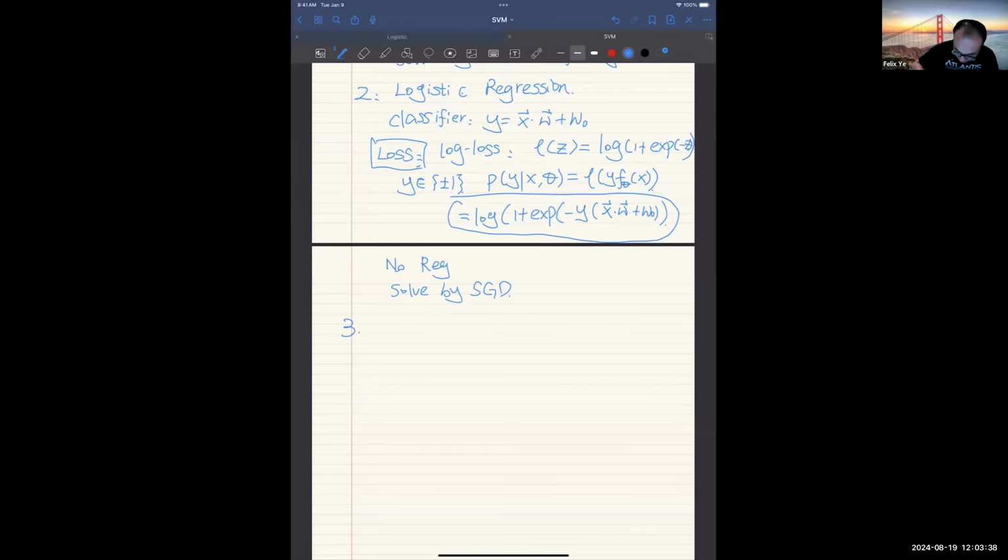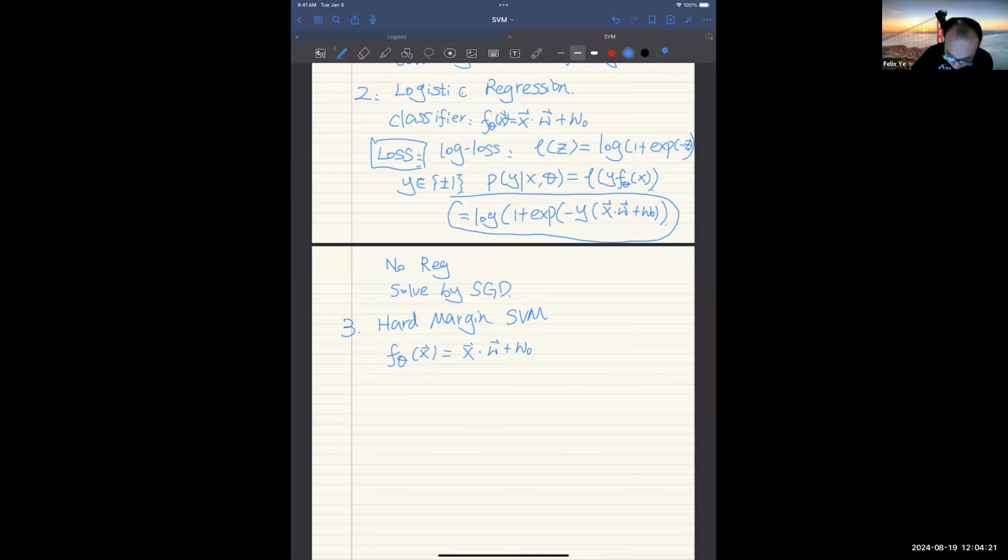Number 3, we have the hard margin SVM. My classifier is still f theta, and my f theta of x is still a linear model. And my loss function right here, so let me think.